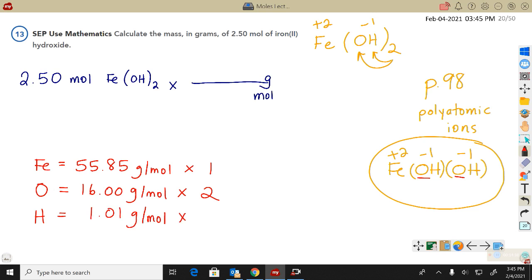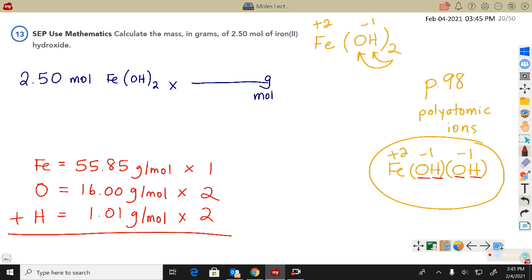But I'm going to have 2 moles, 1, 2. All right, I would distribute that 2 to everything on the inside of the parentheses. Now I'm going to add them all up. There we go. Molar mass is really something that eventually you'll be so good at that you probably won't need to even write it out. You'll just be able to look at a compound and plug the numbers right in your calculator.